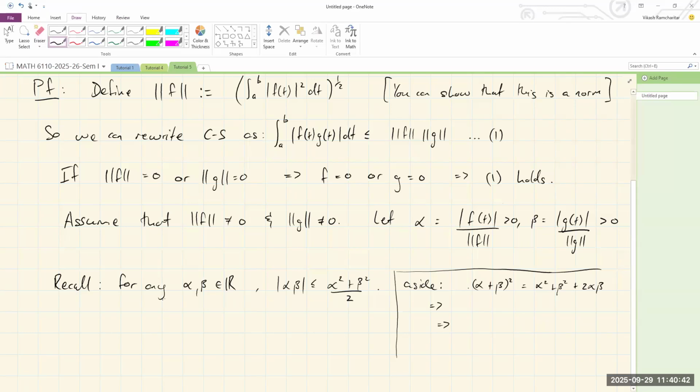So then we get minus 2 alpha beta is less than or equal to alpha squared plus beta squared.